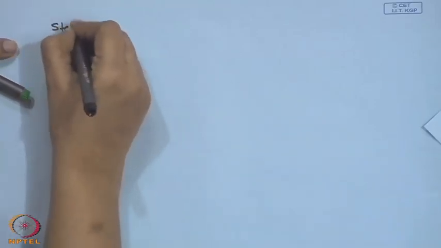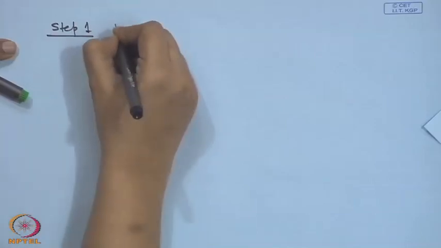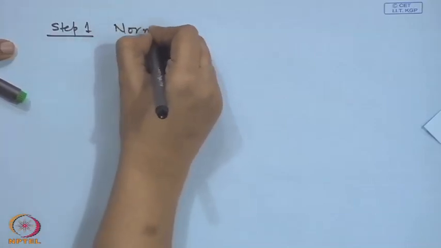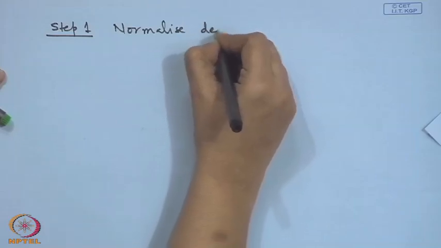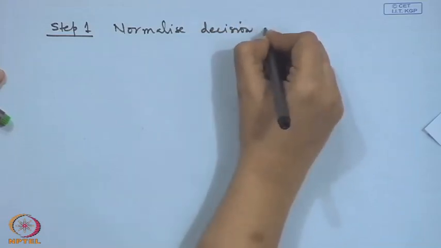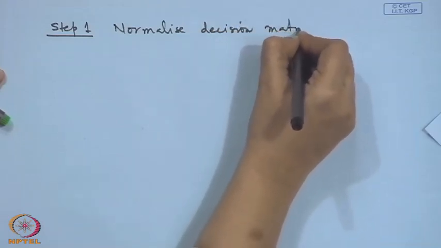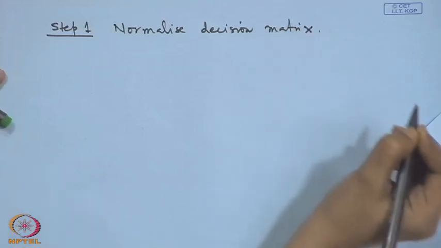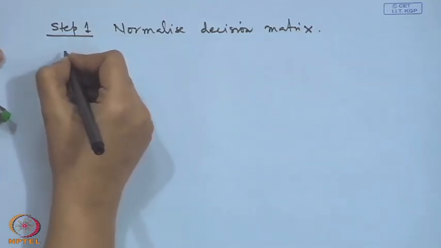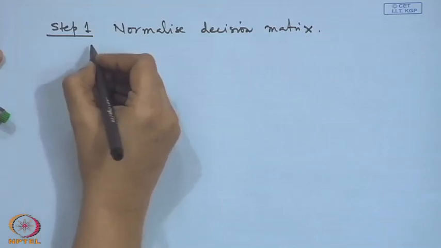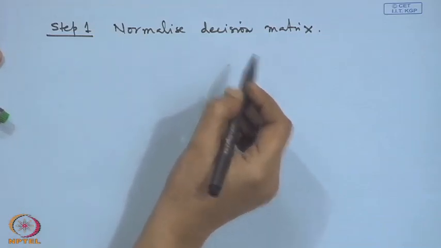Let me explain the steps for TOPSIS. Step 1: the normalization of the decision matrix.